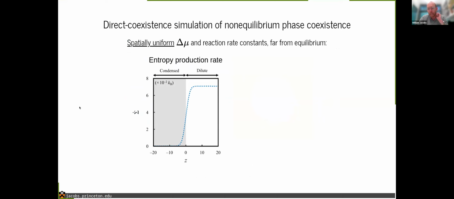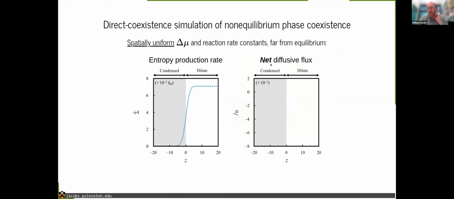And we're interested in a net diffusive flux, right? So we want to think about, for the system just shown, assuming that the chemical drive is the same everywhere, which gives us the same reaction rate constants everywhere, but clearly a non-uniform entropy production, how are the molecules actually moving on average?